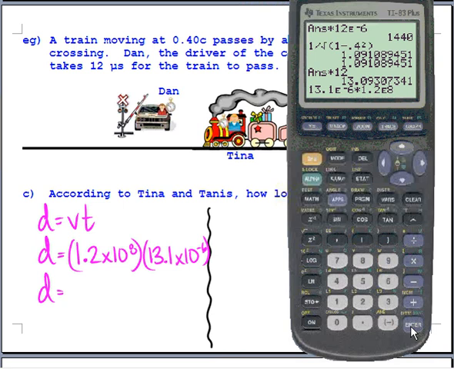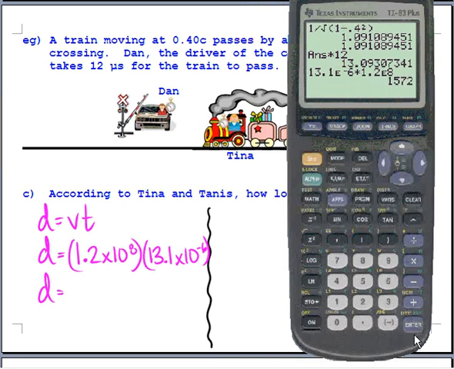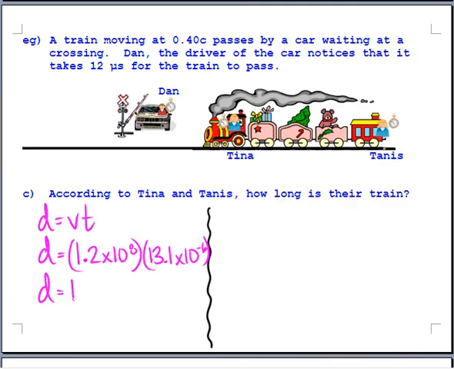We should get something bigger than 1440 because remember, Tina and Tanis are going to measure a longer length because they're not moving compared to the train. So they see it as normal, not as skinny. There you go, 1572. I'm just going to leave the rounding, pardon the sig figs, just for comparison's sake here, so we can compare it to 1440. The other option is we can actually use beta and gamma.